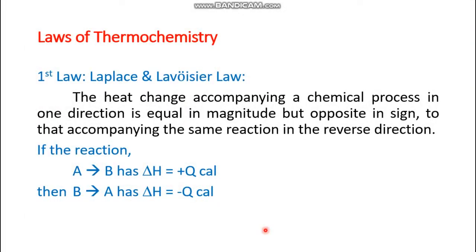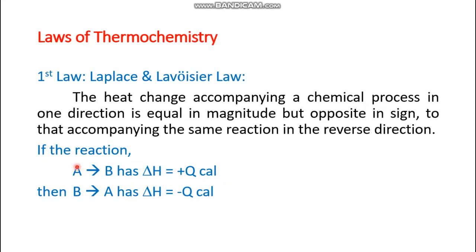The first law was devised by Laplace and Lavoisier. So according to the name, this law is also known as the Laplace and Lavoisier law, and it states that the heat change accompanying a chemical process in one direction is equal in magnitude but opposite in sign to that accompanying the same reaction in the reverse direction.